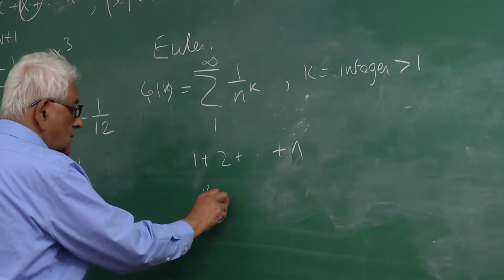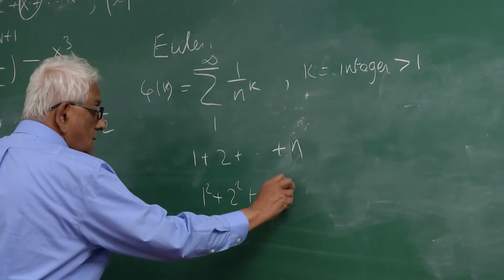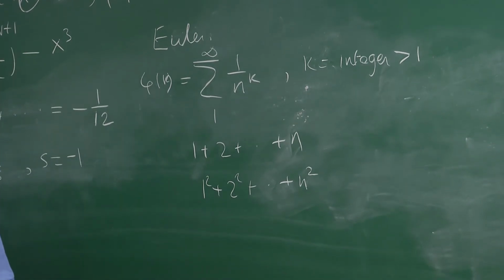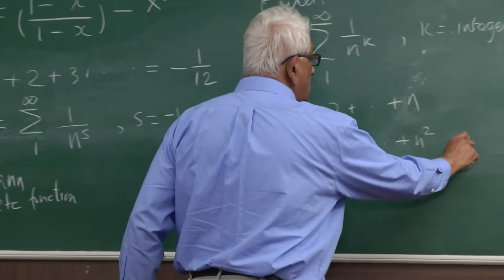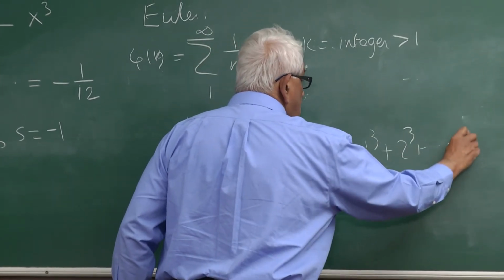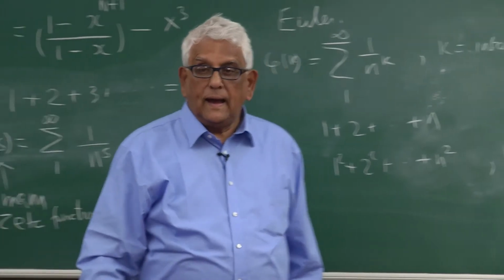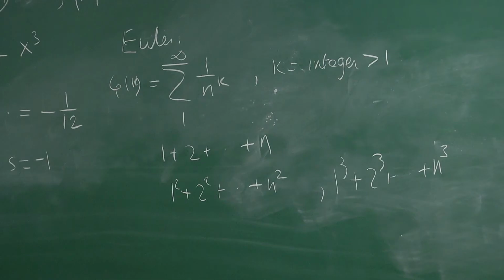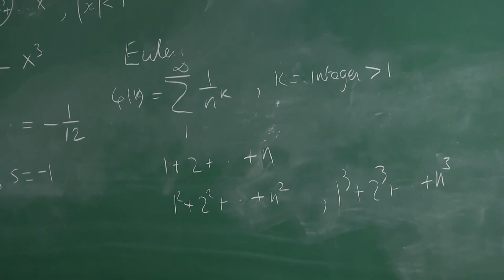Then 1 squared plus 2 squared up to n squared, there was a formula for it. Then there was a formula for 1 cubed plus 2 cubed plus n cubed. And then there was a formula for 1 to the power of k up to n to the power of k. So these are things which mathematicians established.